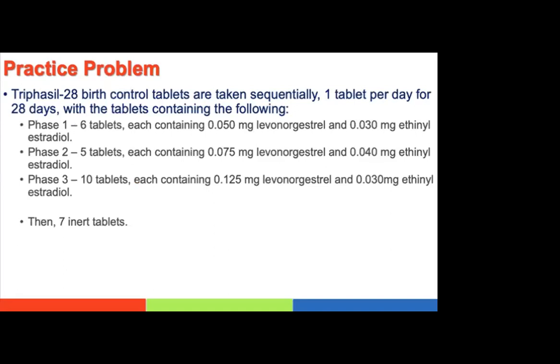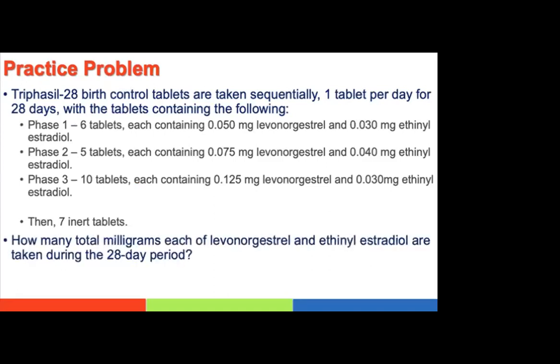For the third phase, 10 tablets containing 0.125 milligram of levonorgestrel and 0.03 milligram ethinyl estradiol. And for the last phase, 7 inert tablets. Now, question. How many total milligrams each of levonorgestrel and ethinyl estradiol are taken during the 28-day period? 1 minute. Ready, go.